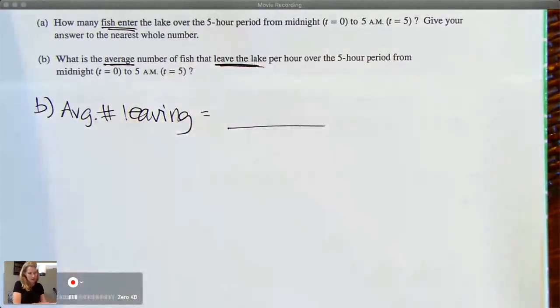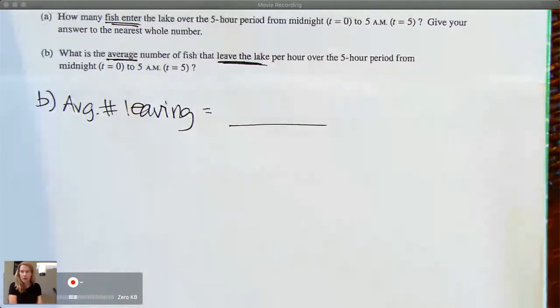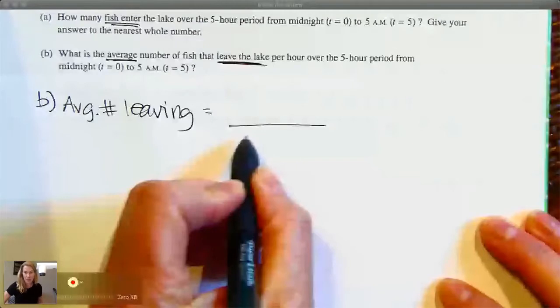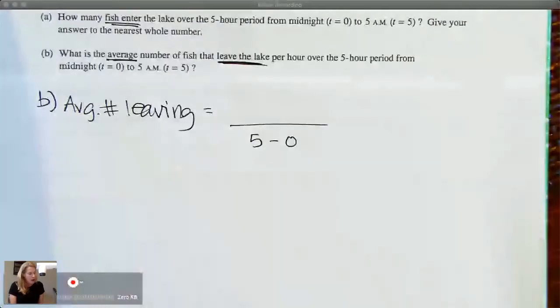So what we want to get is the number of fish leaving over the time that went by. So we are looking at 5 minus 0 being the time on the bottom. And what we want on top is the number of fish.